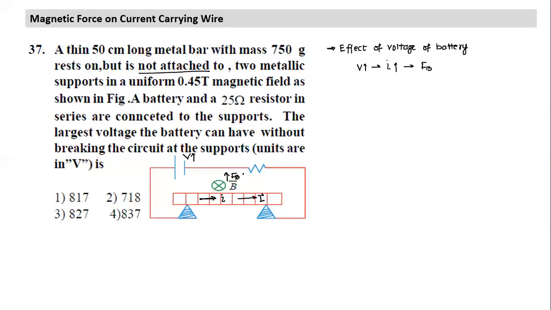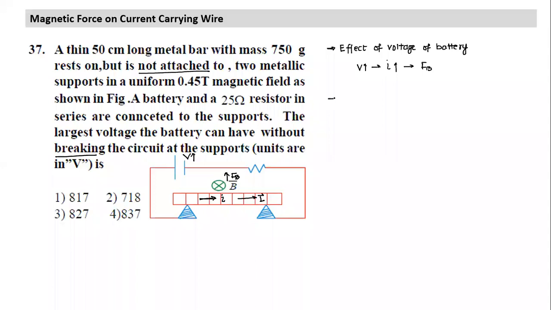So what will happen as FB keeps increasing? Why would the question ask the largest voltage it can have without breaking the circuit? Can someone tell why the circuit would break? As I keep increasing voltage, current will increase. As current increases, FB will increase.